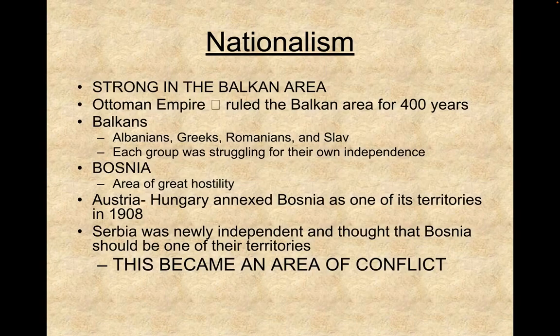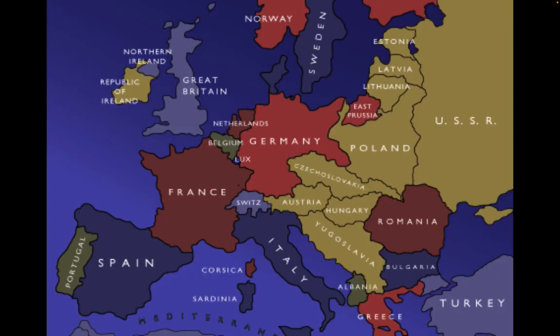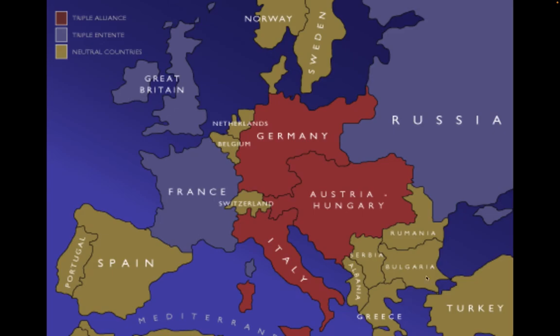Nationalism was very strong in the Balkan area. If we look at the map again, the Balkan area is here, just north of Greece and including part of Greece. Nationalism amongst these areas is starting to really run high.